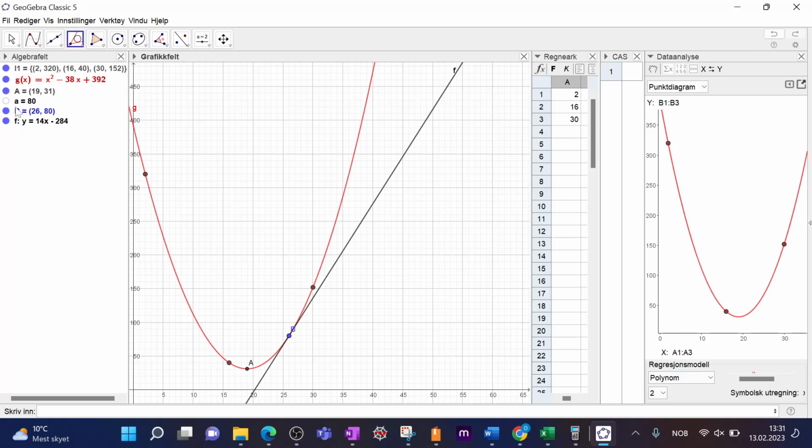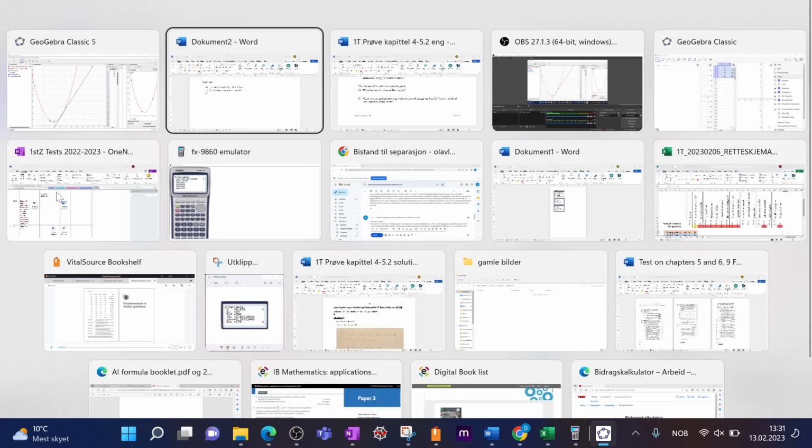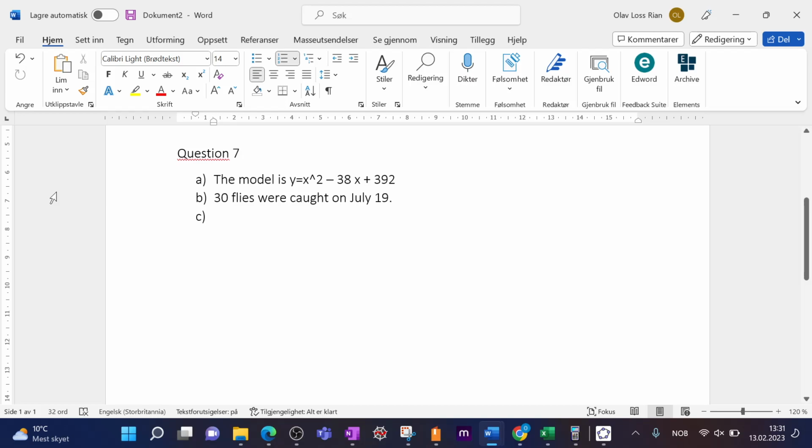What I'm interested in here is the gradient of the tangent. And the gradient is 14. So the instantaneous rate of change on the 26th of July is 14.